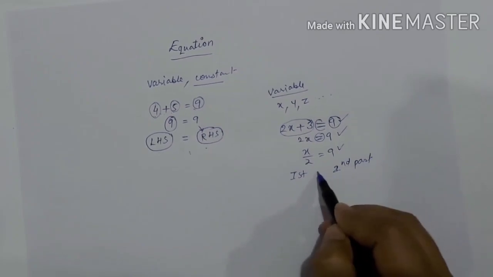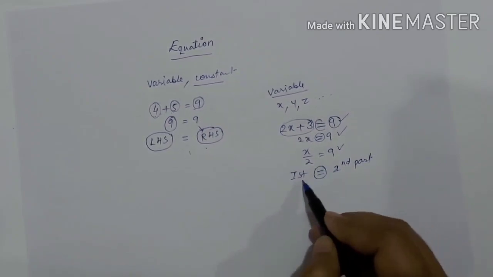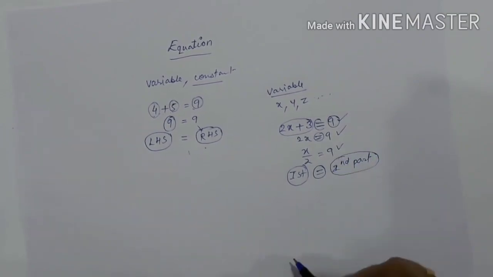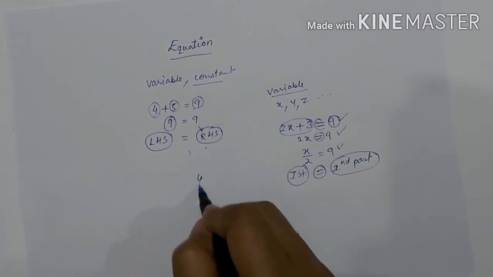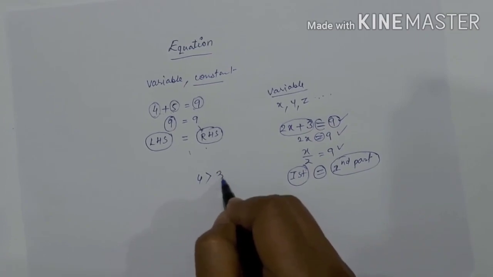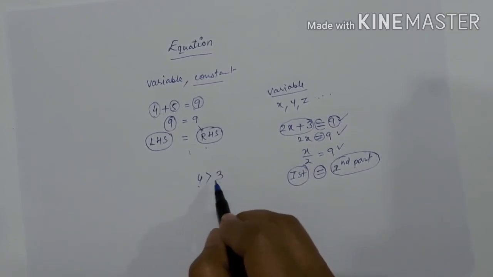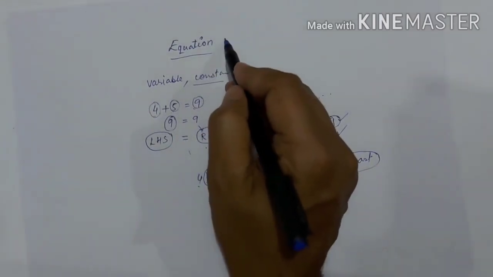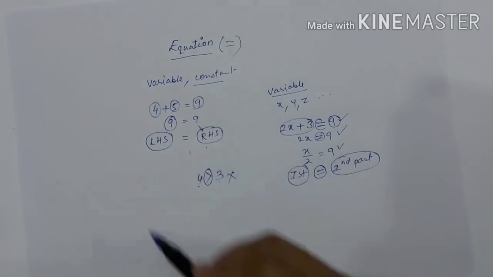The value of the first part is equal to the value of the second part. Suppose 4 is greater than 3. It is not an equation because the sign is not equal. An equation shows the sign of equal.